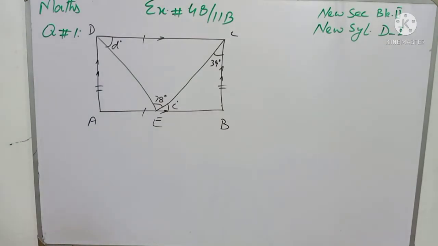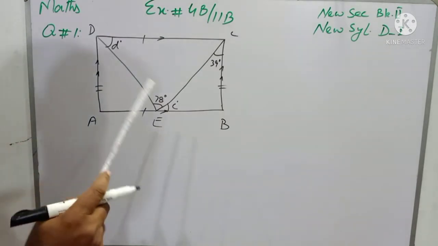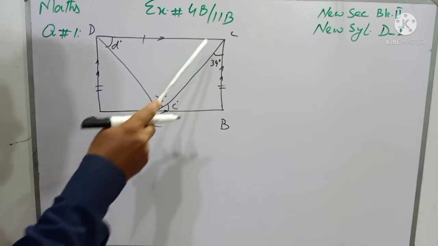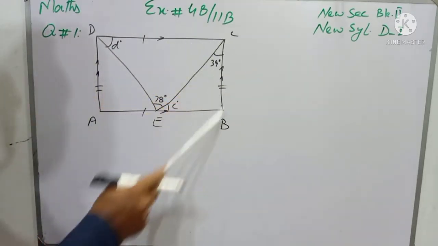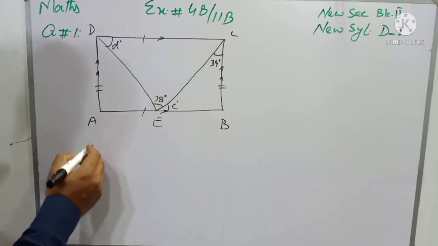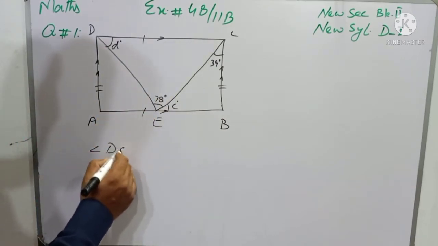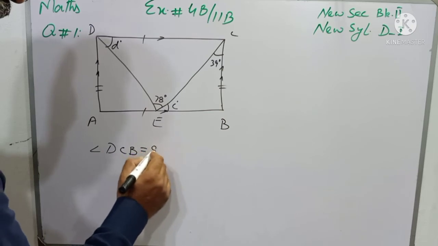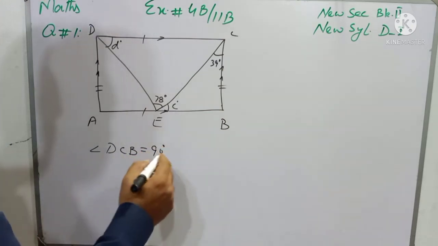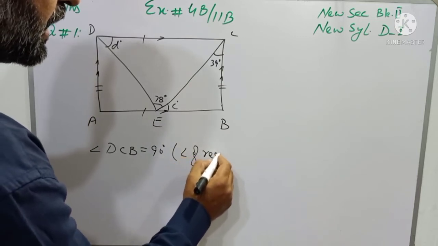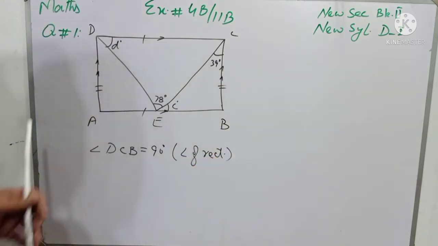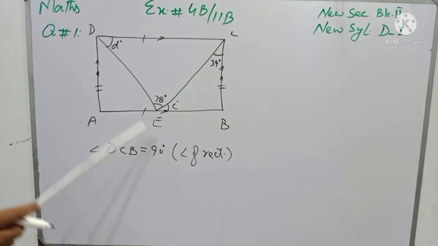Now students, I have earlier explained that all angles of a rectangle are right angles. So angle DCB is equal to 90 degrees, and the reason is that angles of a rectangle are 90 degrees.